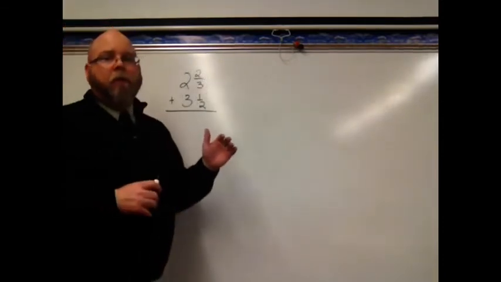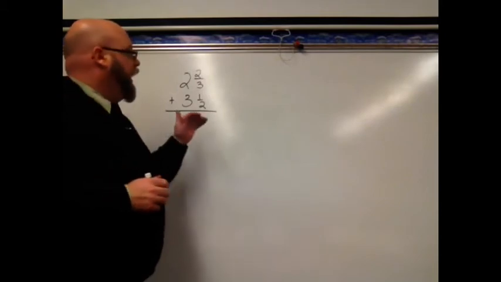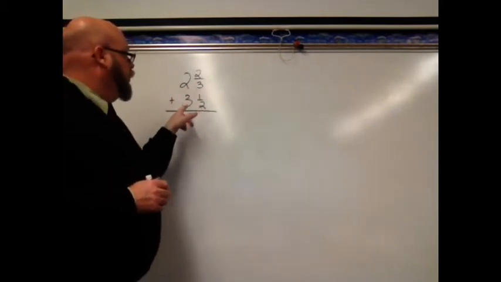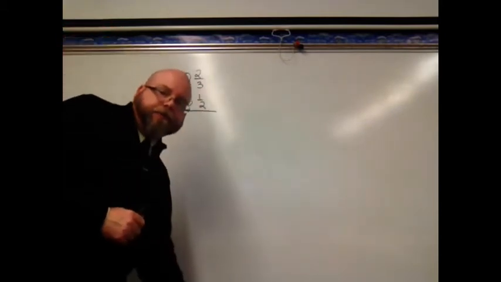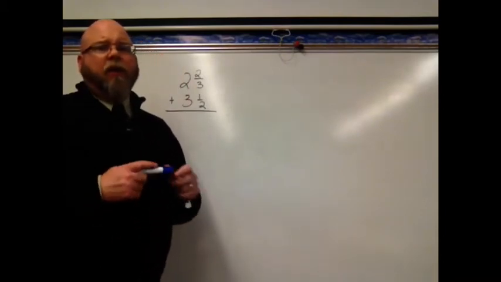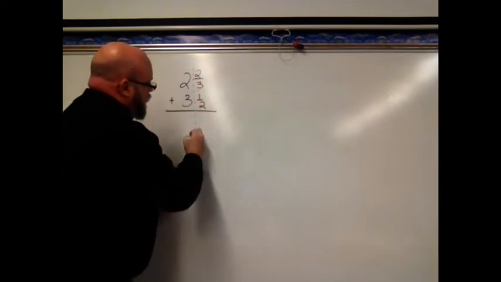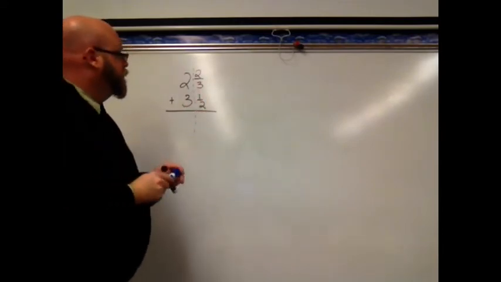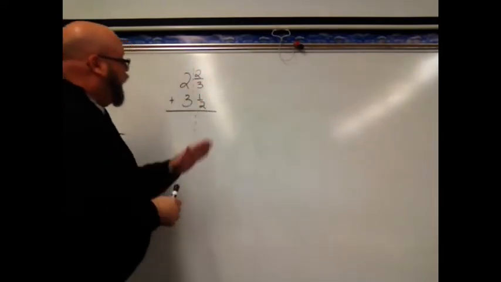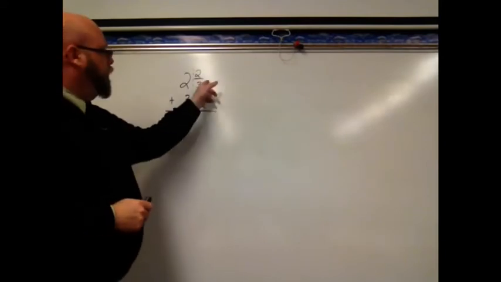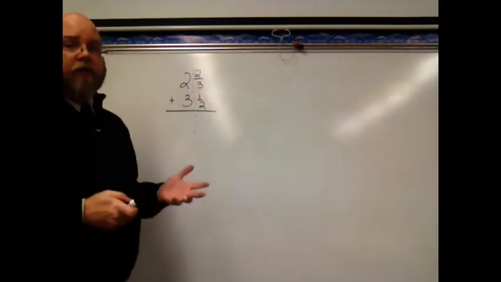Let's look at a couple more mixed numbers to add together. 2 2/3 plus 3 1/2. Again, I kind of want to think about that fraction column and that whole number column. I'm going to have to use the least common multiple of 3 and 2 to get a common denominator.